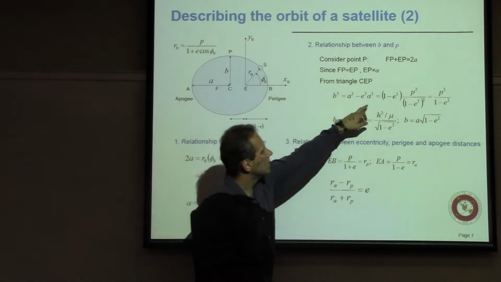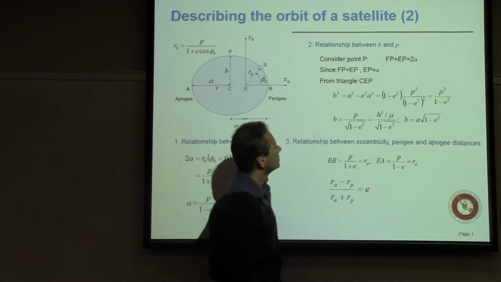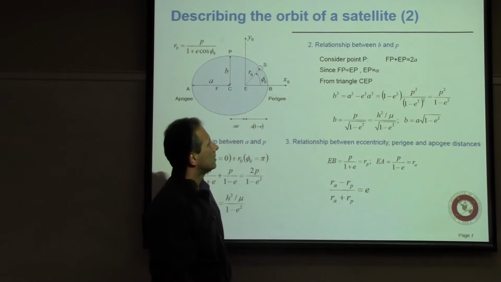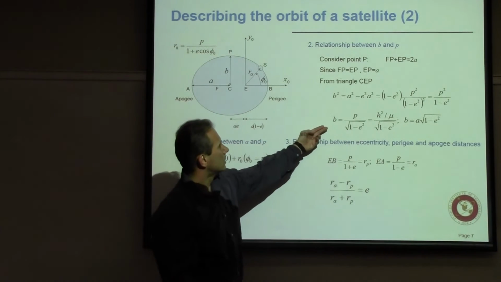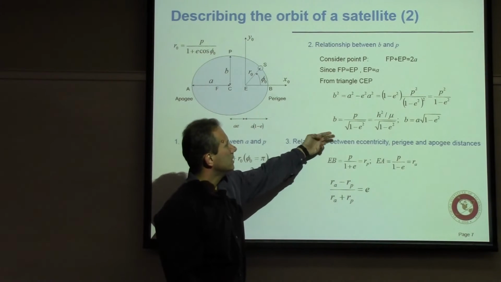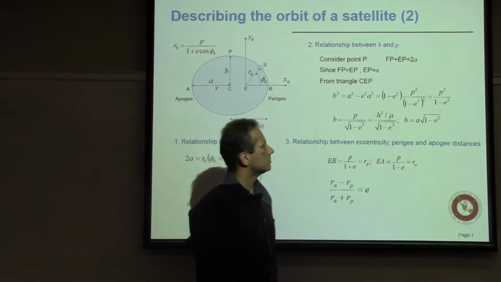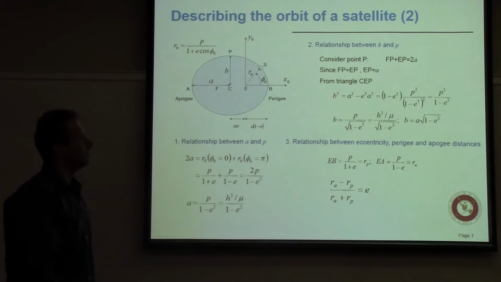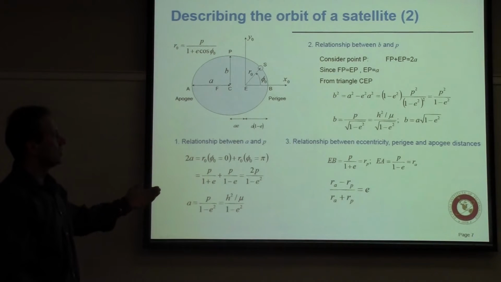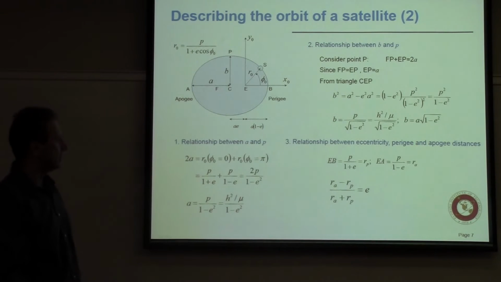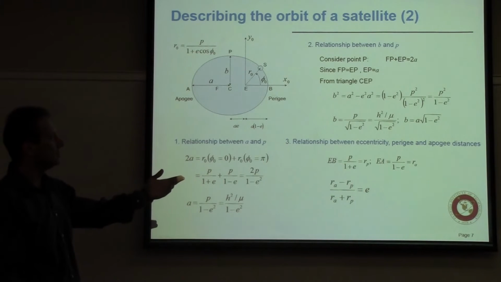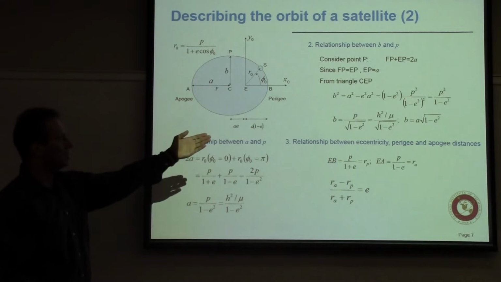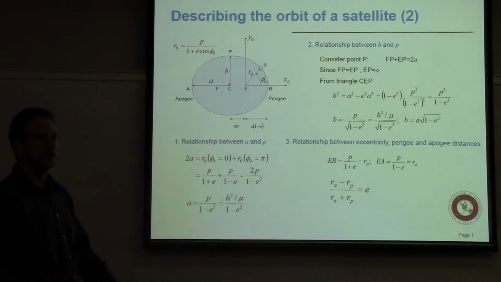So when these two cancel, you get this relationship: B squared is equal to P squared over 1 minus e squared. So therefore, you get the relationship of B. Or if you want to express B in terms of A, you get this relationship here. So that tells you that B, A, and eccentricity are related. If eccentricity is equal to 0, you can see that B is equal to A, but for any other eccentricity, B becomes smaller than A.